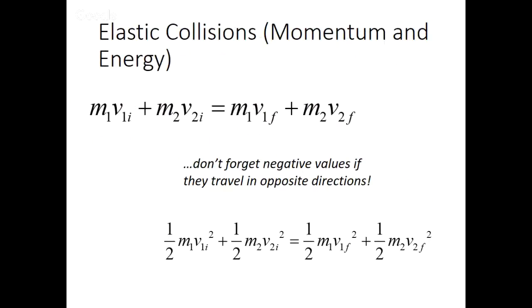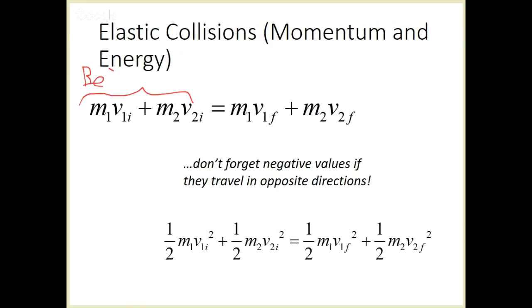All right. So for elastic collisions, when I say momentum is conserved, here's what I mean. The total momentum of the system is just going to be the sum of the momenta of each individual object. So before the collision, that's going to be everything on the left side of the equation. The grand total momentum of the system before the collision is over here.